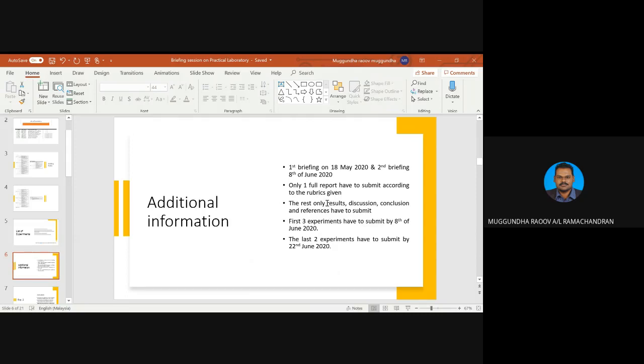Class, for results and discussion, you may plot results in a different way as well. The one we gave you is just for guidance. You may present your data differently, and you may show some calculations, your statistical calculations, whatever. You have to discuss your results, conclude, and give recommendations.